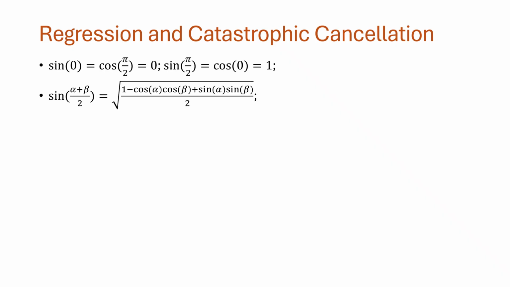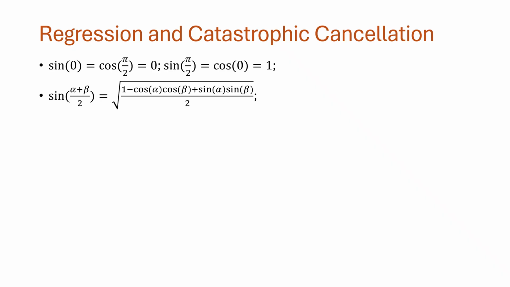For the final application, I will use regression to show that StatisticalTaylorExpansion can trace catastrophic cancellation. Here is the regression. We know sine 0 and cosine pi over 2 equal 0, and sine pi over 2 and cosine 0 equal 1.